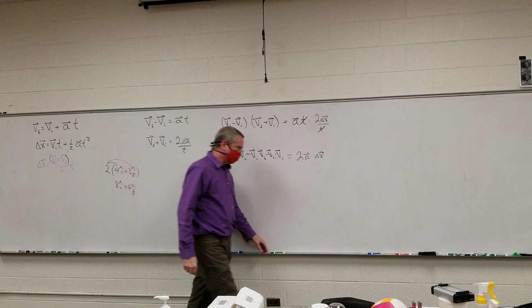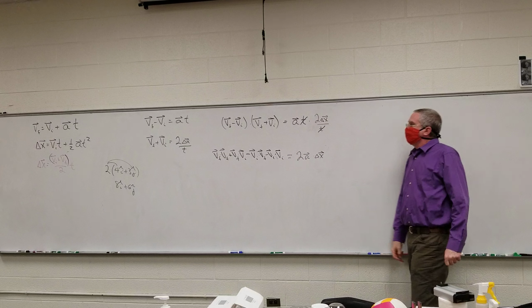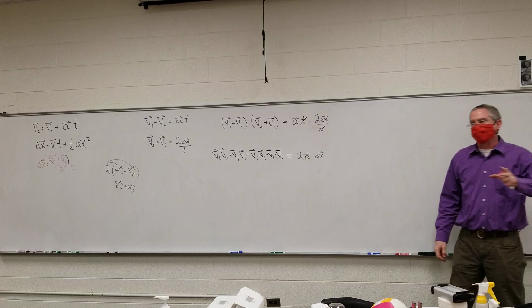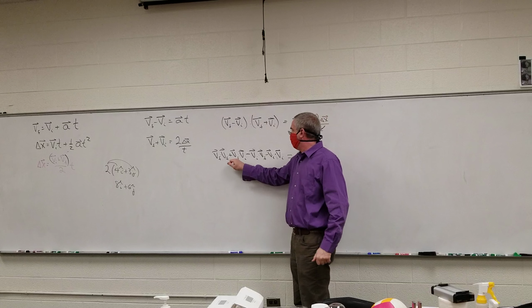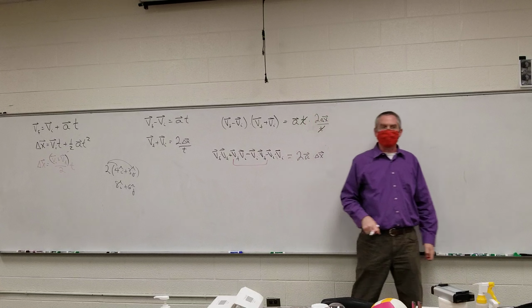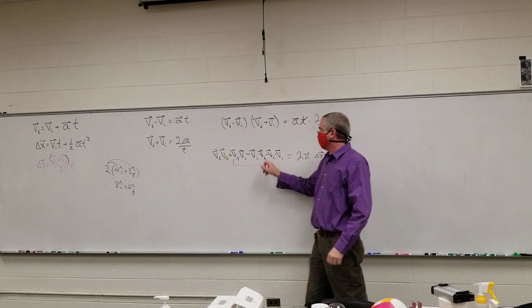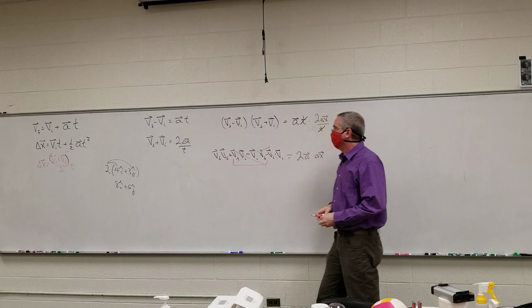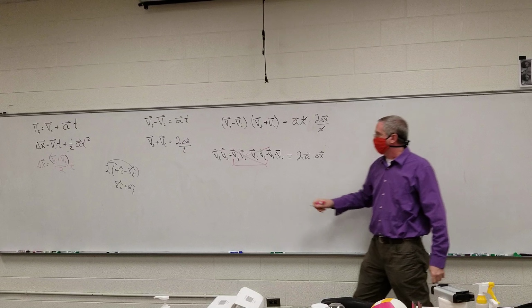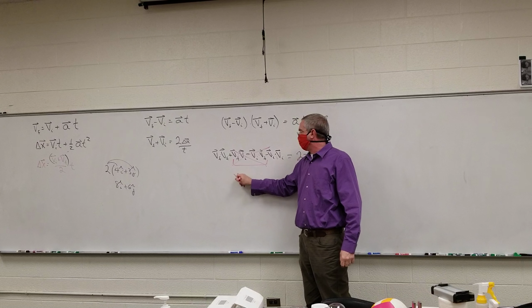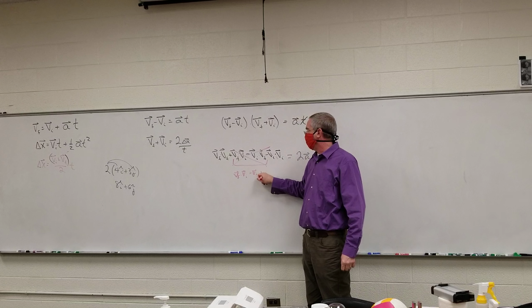So let's simplify it. It does not matter what VI and VF are. This bit right here, since the commutative property holds, it doesn't matter the order in which I do this dot product, those are going to cancel out. Let's write a little note here: VF dot VI equals VI dot VF.